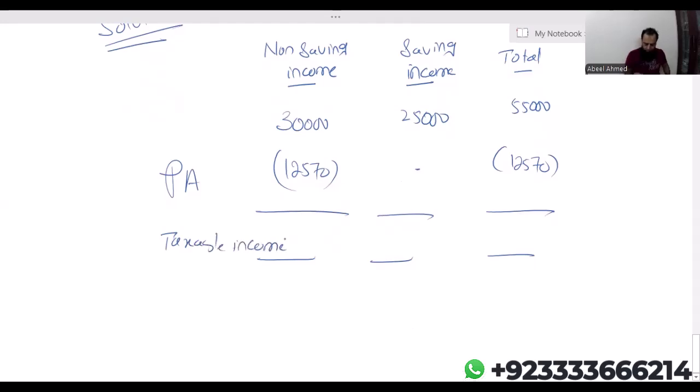Taxable income: 30,000 minus 12,570. I'm getting 17,430. Total 42,430. Now we have to apply the tax rate. First, you have to apply the tax rate on non-saving income.